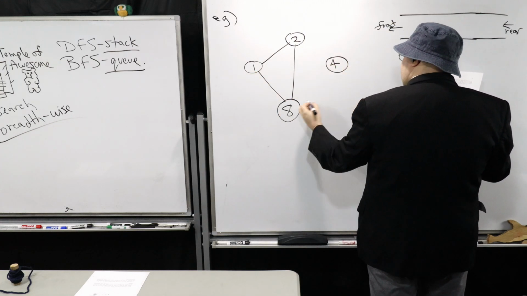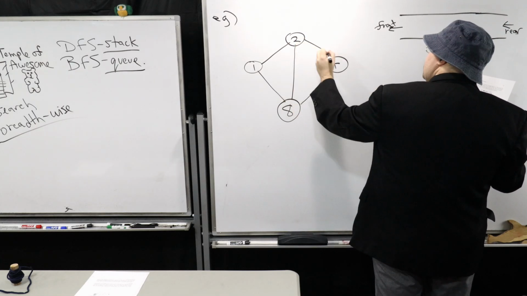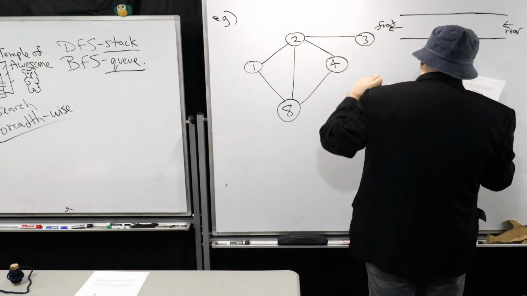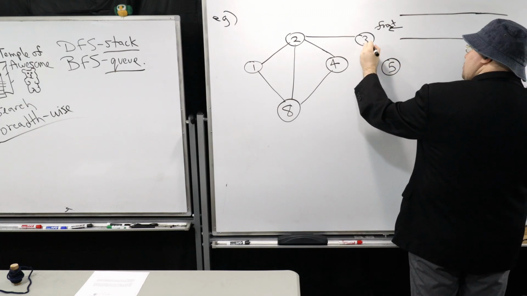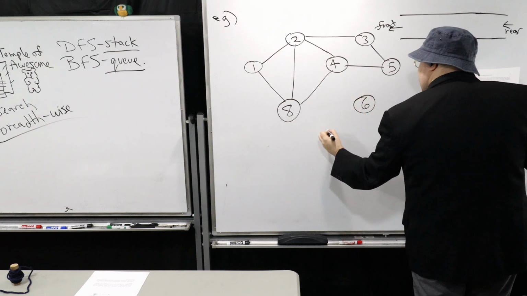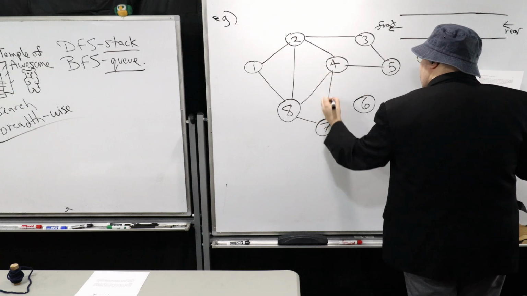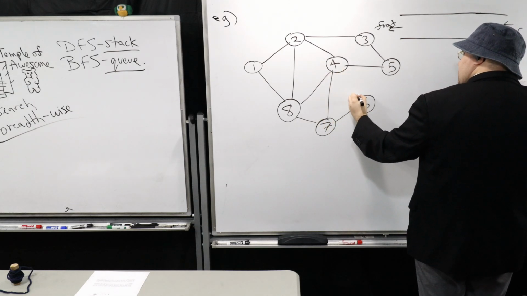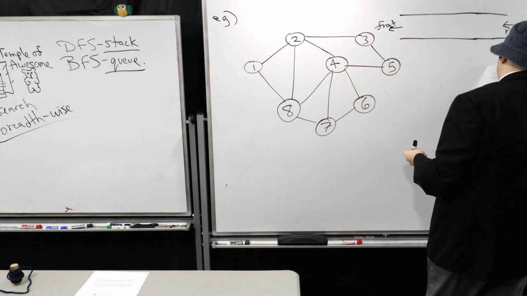Vertex 4 is going to be adjacent to 8 and 2. Then vertex 3, which is adjacent only to 2 at this stage. I'm going to introduce vertex 5, which is adjacent to 3 and 4. Then I'm going to have vertex 6 and vertex 7. Vertex 7 is adjacent to 8, 4, and 6, and vertex 6 is adjacent to vertex 4 and vertex 7.